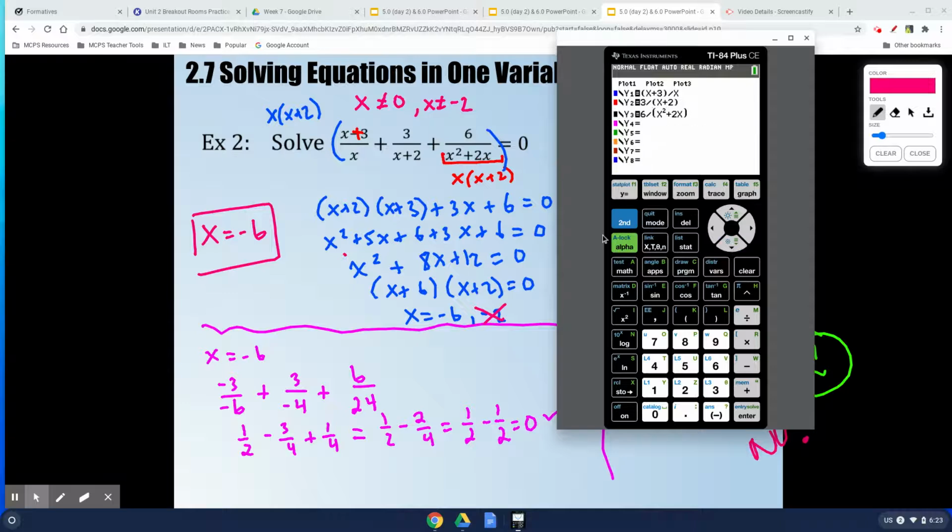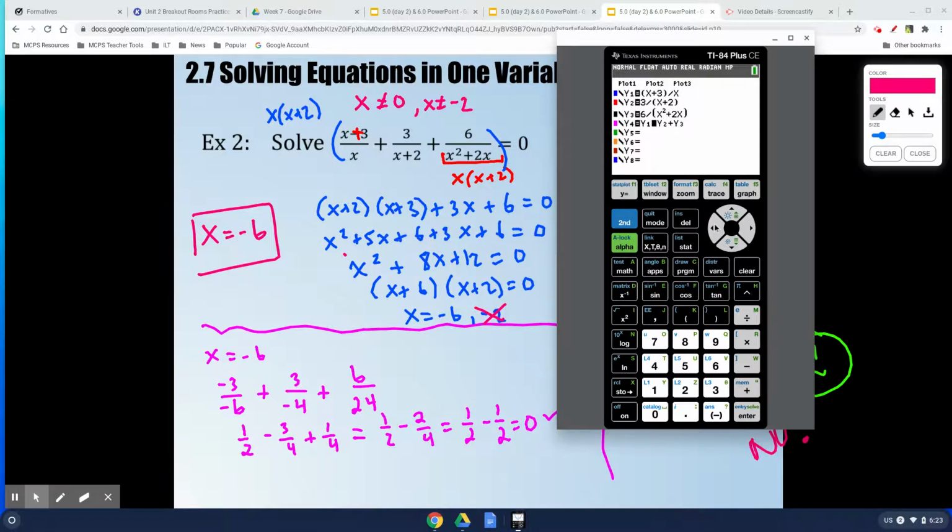Okay. In y4, I'm going to do vars, y vars function, grab y1, plus vars, y vars function, grab y2, plus vars, y vars function, grab y3.